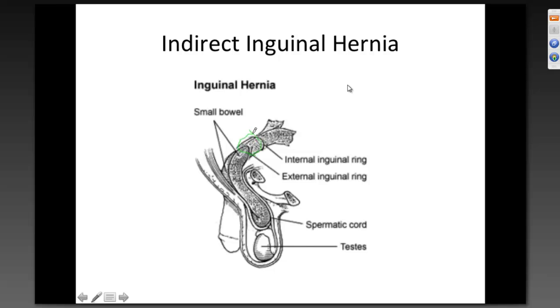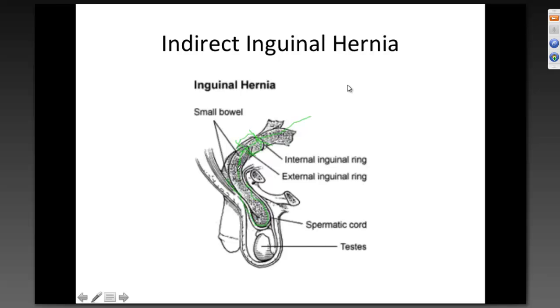We have an internal ring, external ring, which establish the canal. So the hernia is going through the canal, and then it goes, I'm going to trace the spermatic cord. This is the spermatic cord which leads down into the testicular sac.